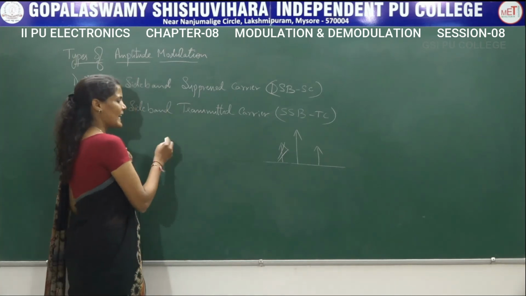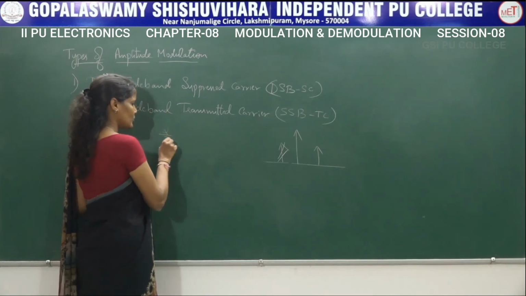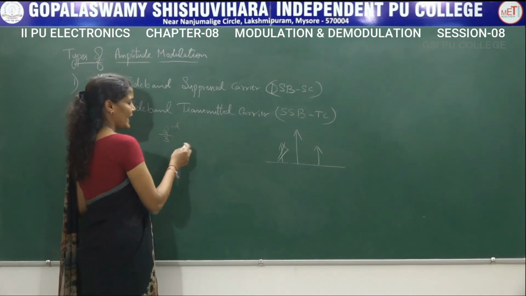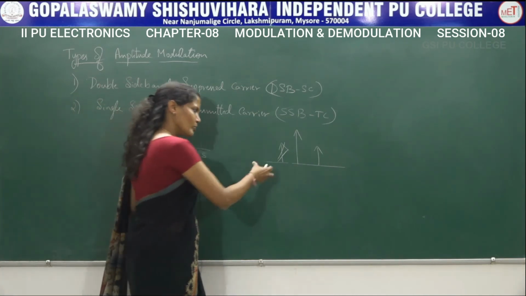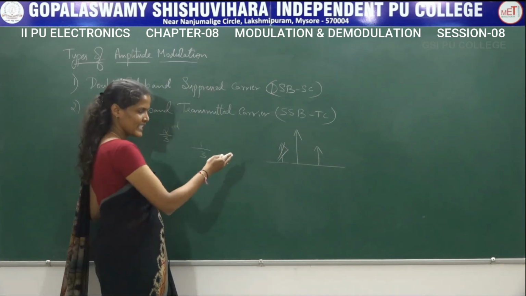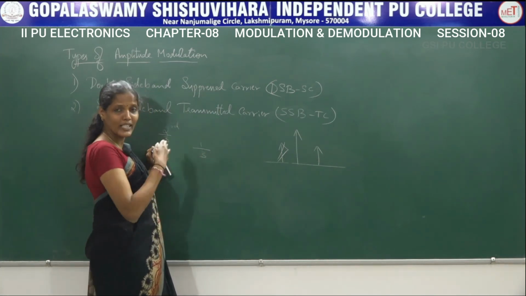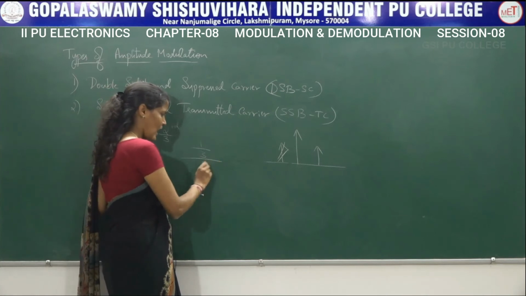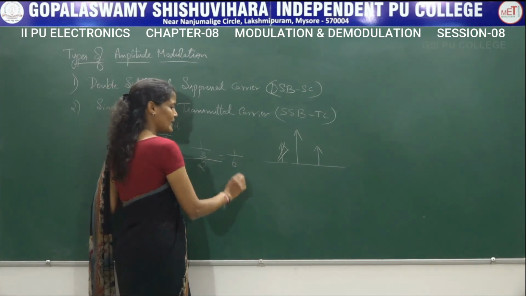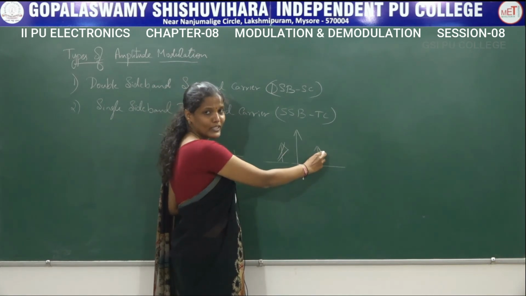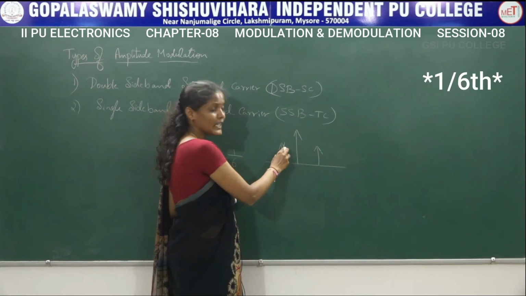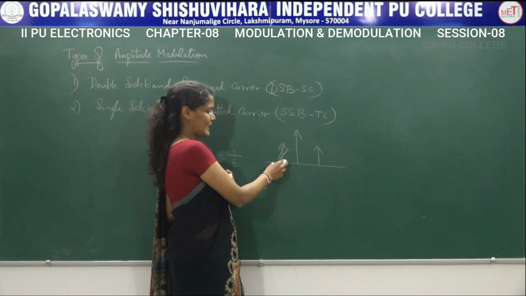I told you that the carrier component contains 2/3 of the total power and 1/3 of the total power will be consumed by both of the sidebands. But here I am suppressing only one sideband, so half of this, that is equal to 1/6 of the total power, will be consumed by one of the sidebands and the remaining 1/6 will be consumed by the other sideband.